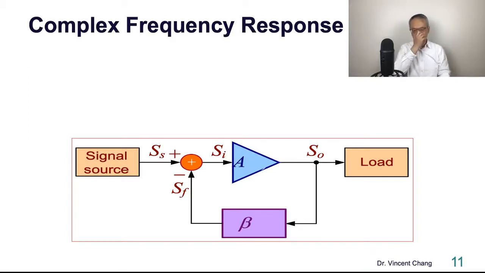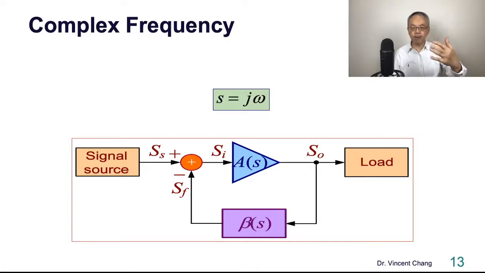The next issue is the frequency response. In this case, let's change the open loop gain from a pure number, a scalar form, to a complex transfer function. So A becomes a transfer function, and the feedback factor also becomes a transfer function.